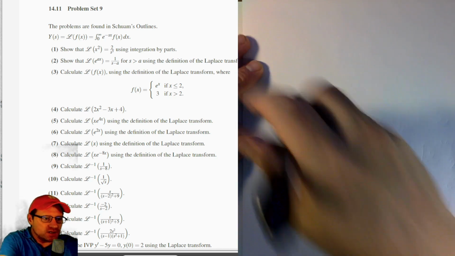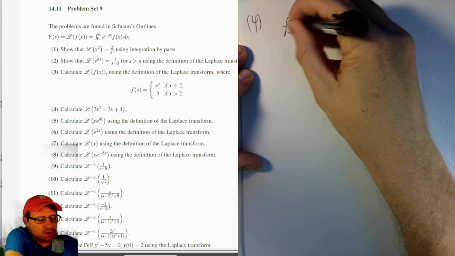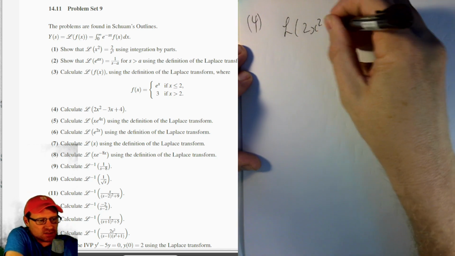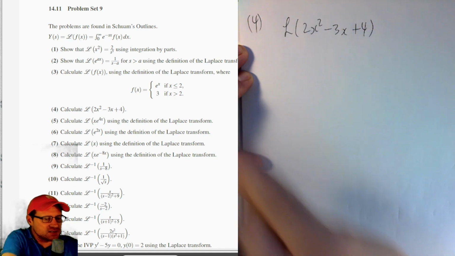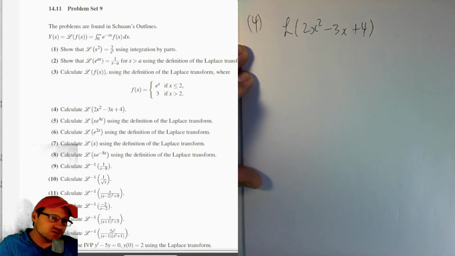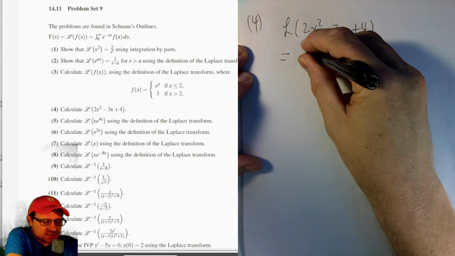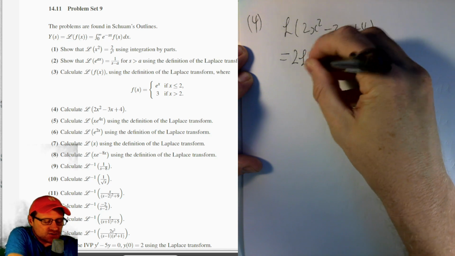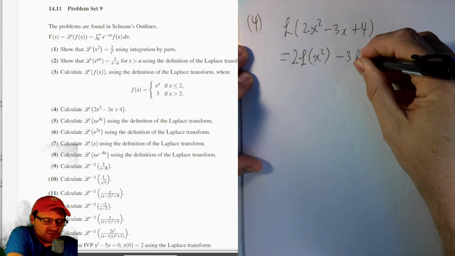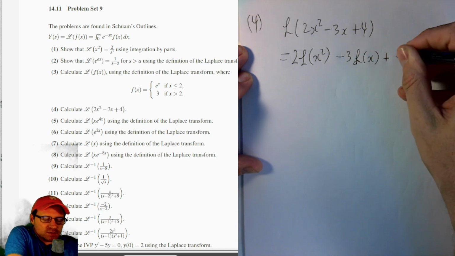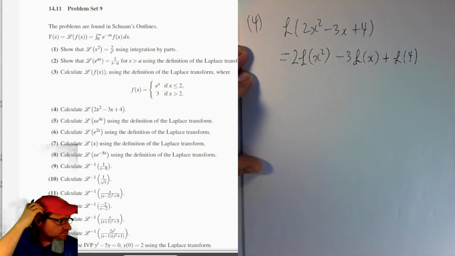Okay, now question 4. We are asked to take the Laplace transform of 2x squared minus 3x plus 4, but this doesn't say using the definition. So let's just use what we already have, that this is twice the Laplace transform of x squared minus 3 times the Laplace transform of x plus the Laplace transform of this constant 4.